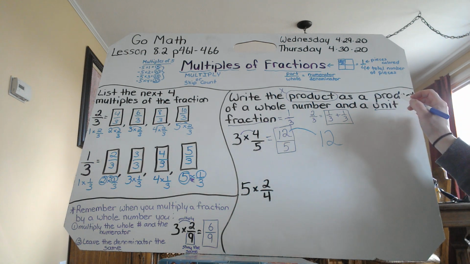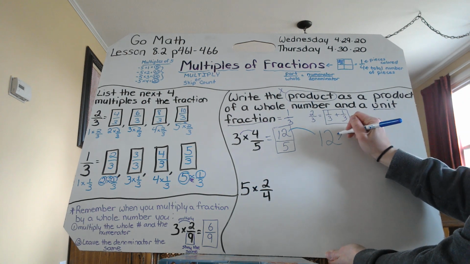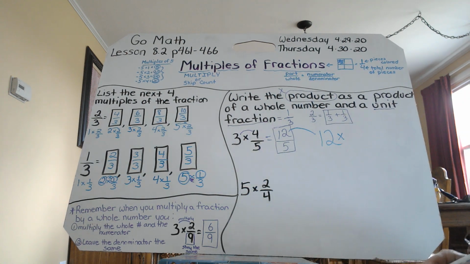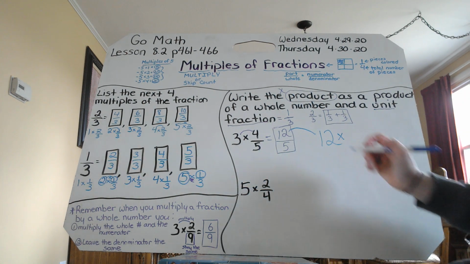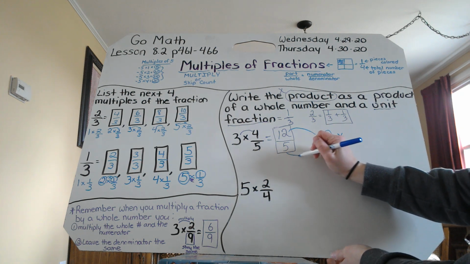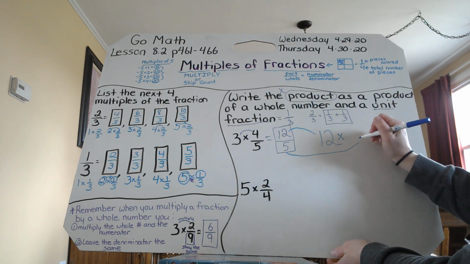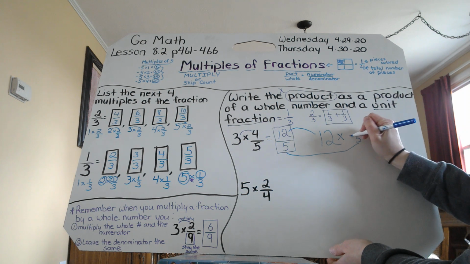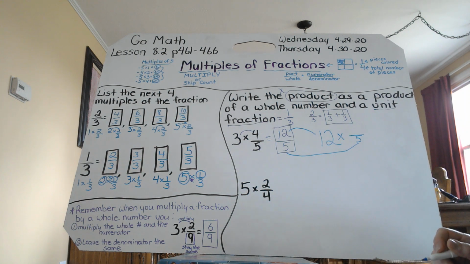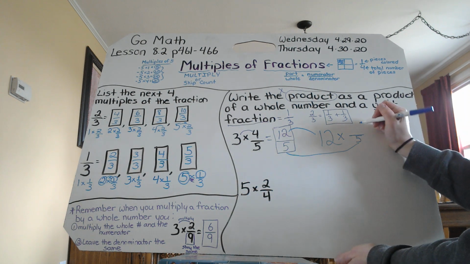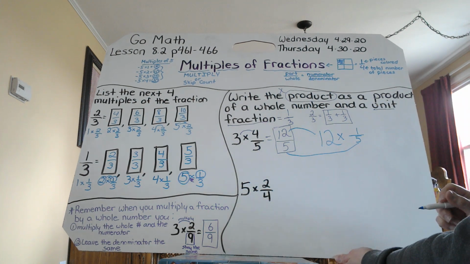We know we have a product, so we know we need a multiplication symbol. We take our denominator, and it becomes our denominator over here. And then we need a unit fraction, so we know a unit fraction has a numerator of 1.